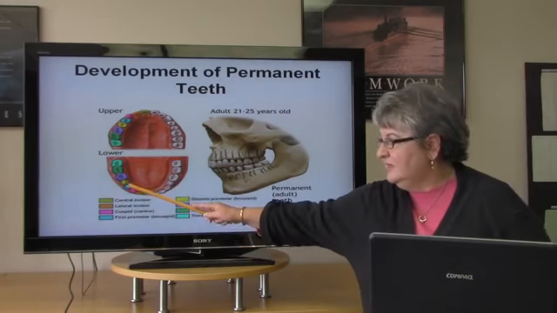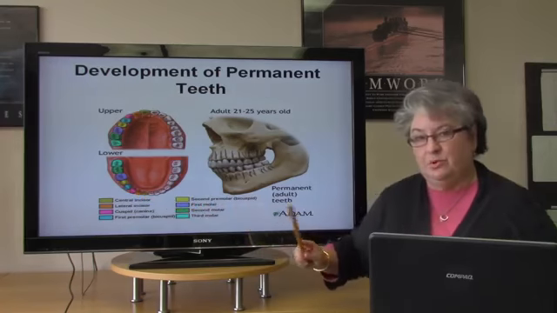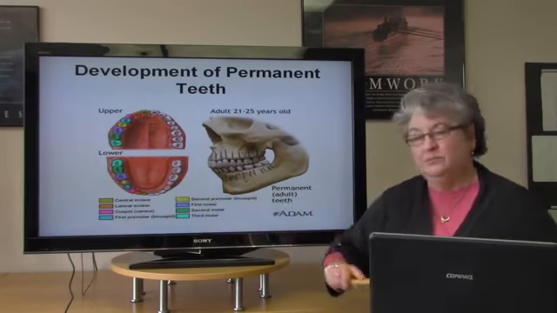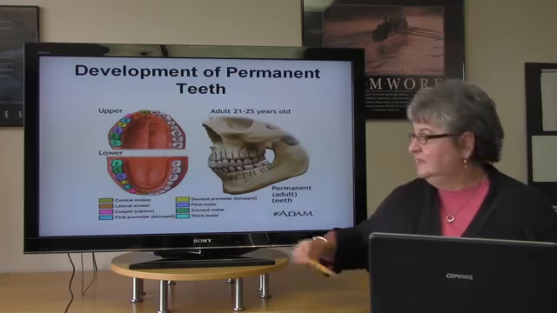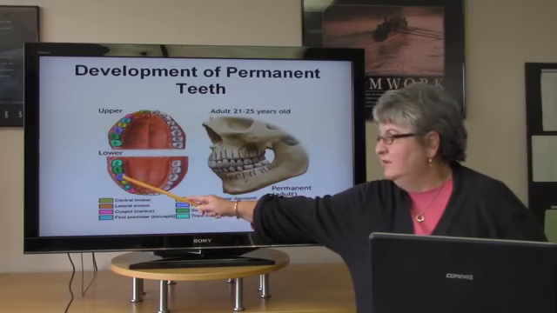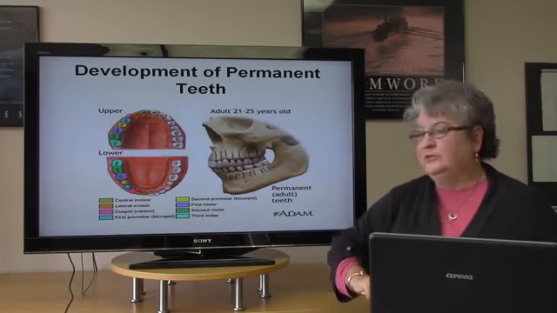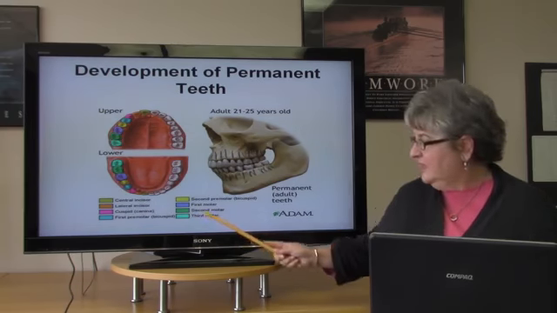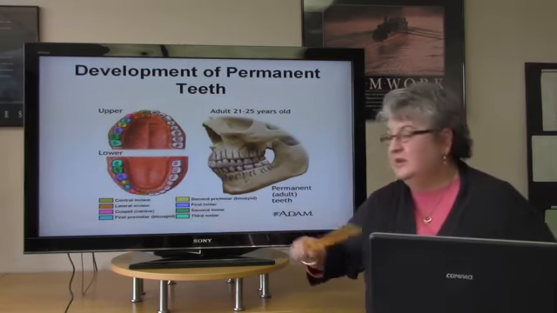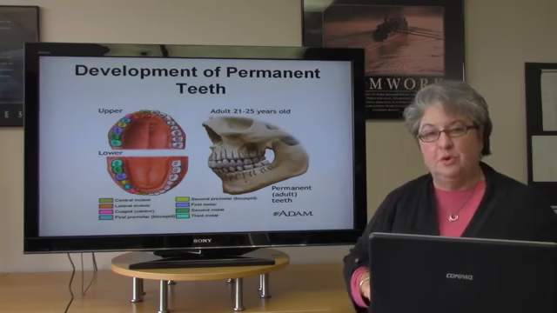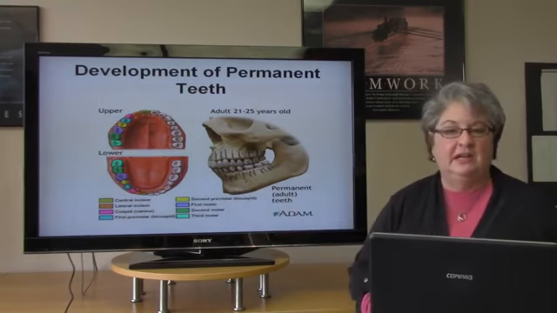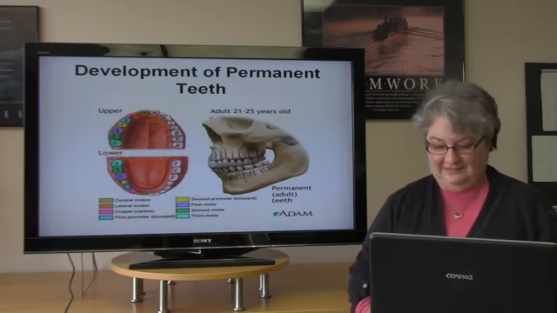The next are the first premolars or bicuspids, and the next are the second premolars or bicuspids. Then we have the first molars, otherwise known as the 6-year molars, and then the second molars, otherwise known as the 12-year molars, and the third molars, nicknamed the wisdom teeth.